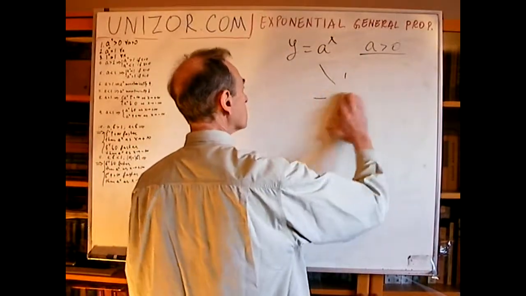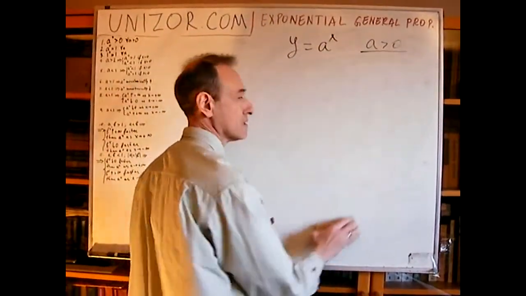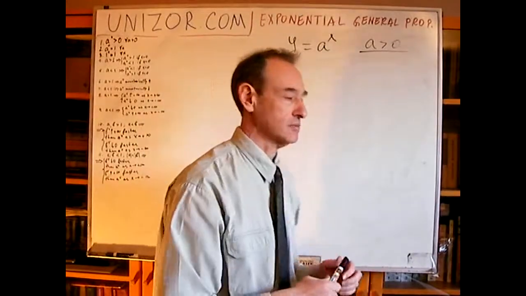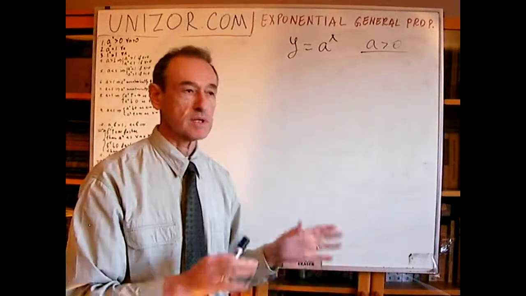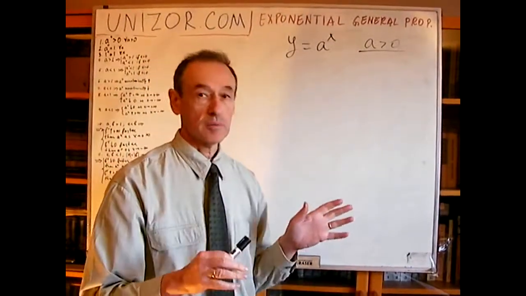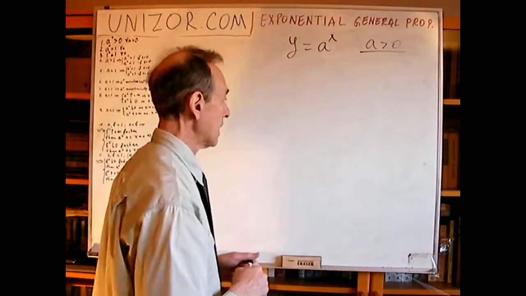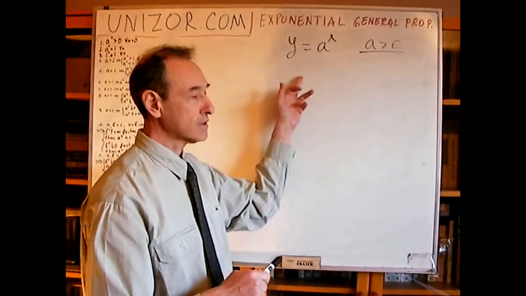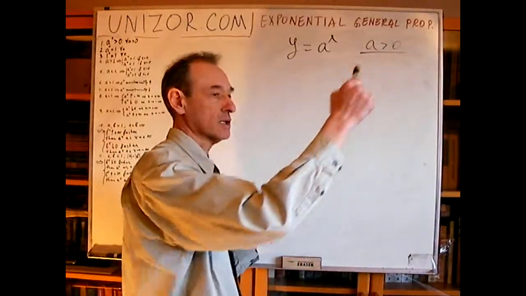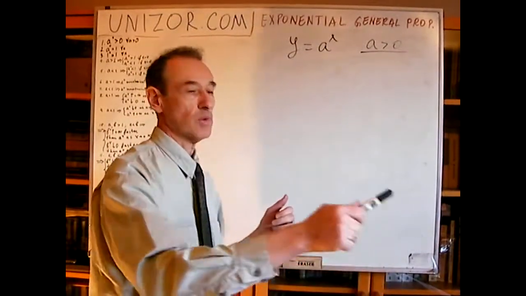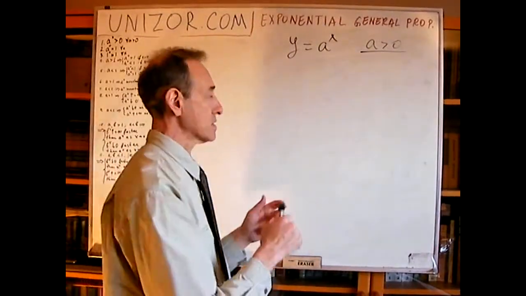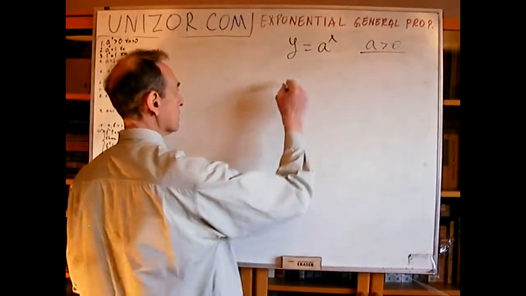Let's prove the monotonicity. Is there such a word, monotonicity? I don't know, maybe. So let's prove that the functions are monotonic for any a. For a greater than 1, it's monotonically increasing. For a less than 1, it's monotonically decreasing. All right, so let's consider this case.